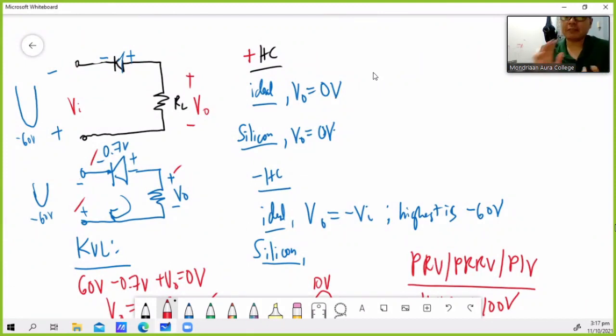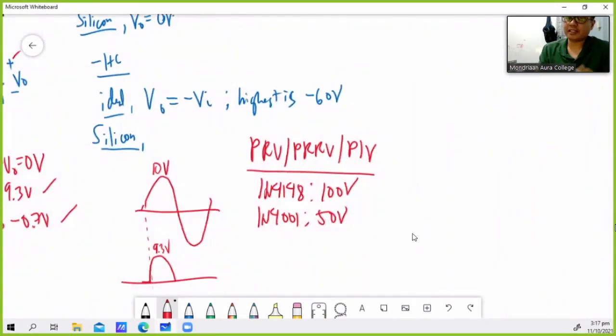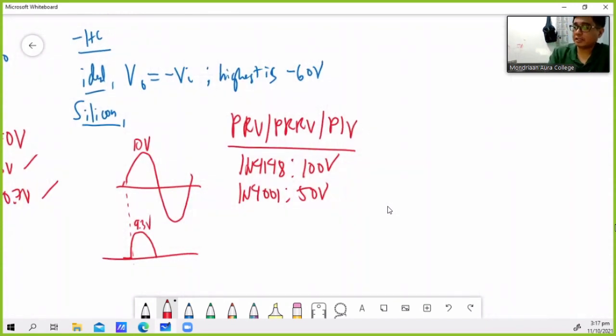So ibig sabihin, dapat hindi siya mag-conduct during the positive half cycle. So ang pumapasok sa kanya during the positive half cycle is 60 volts. 60 volts ang ating input voltage, the peak input voltage during the positive half cycle. Yan yung peak natin.